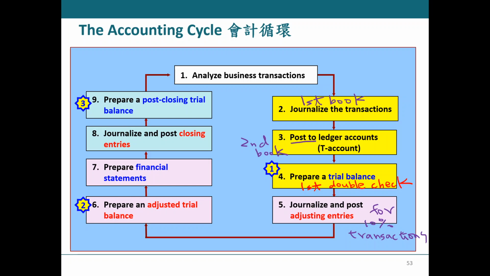After that, don't forget, accounting, finance, all the numbers are money. So we should be very careful. So how? Double check again. So that's why we prepare the adjusted trial balance. This is our second time double check.